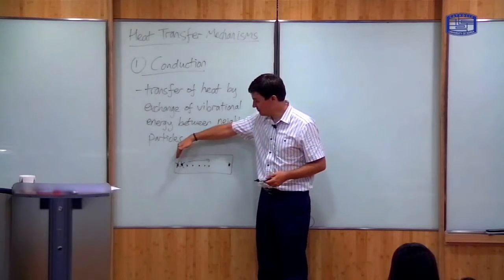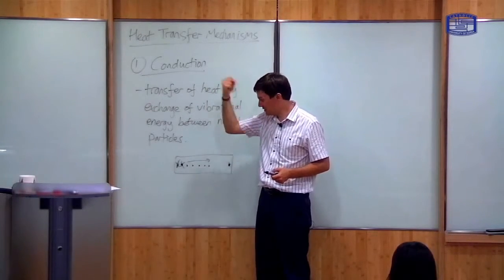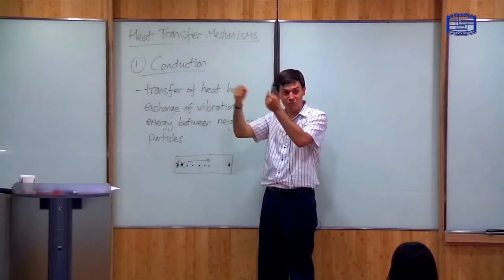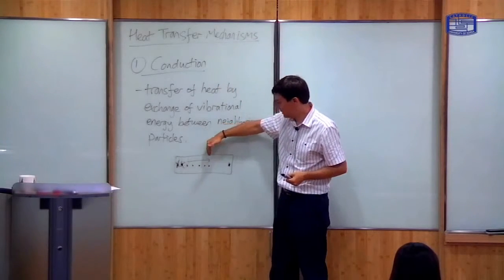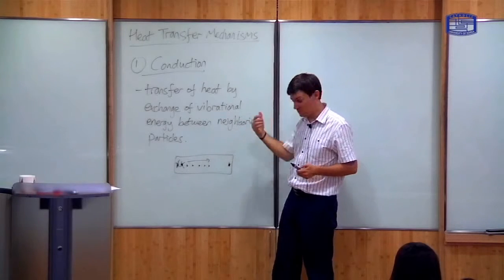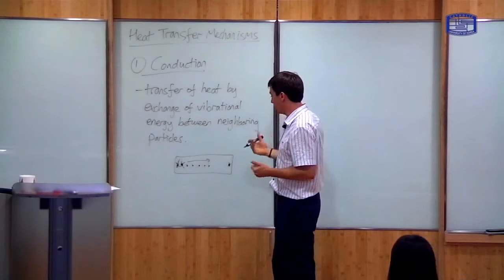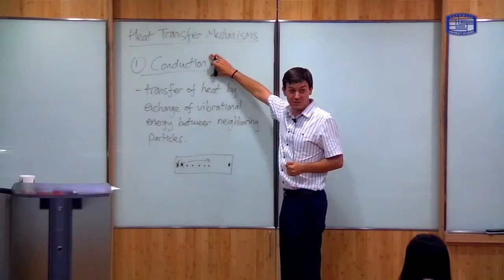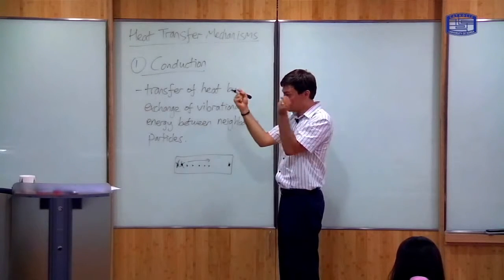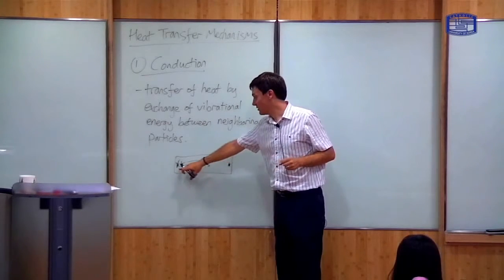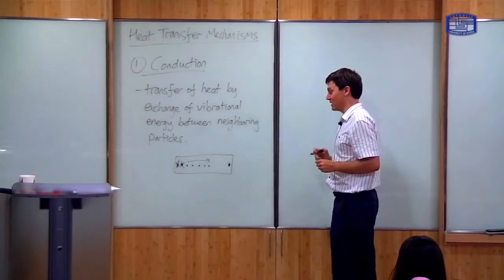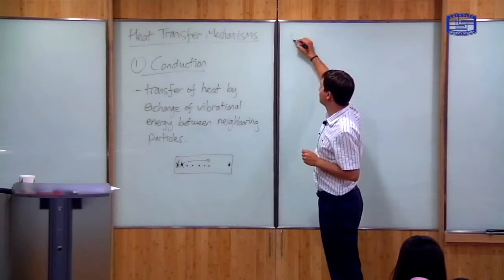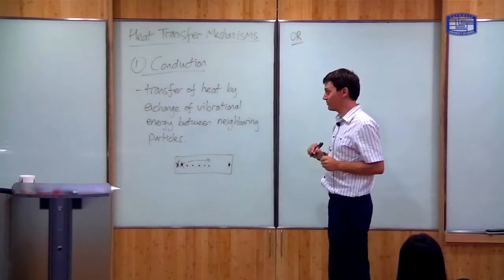So this is at high temperature, so the particles have a lot of energy, and they transfer this energy through interactions along the solid. So this is called transfer of heat by conduction. Neighboring particles interacting with each other transfer their kinetic and vibrational energy. So that's one type of conduction.